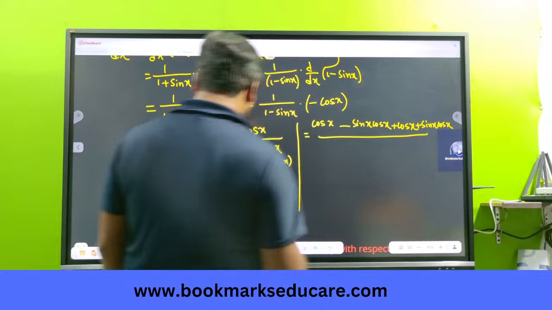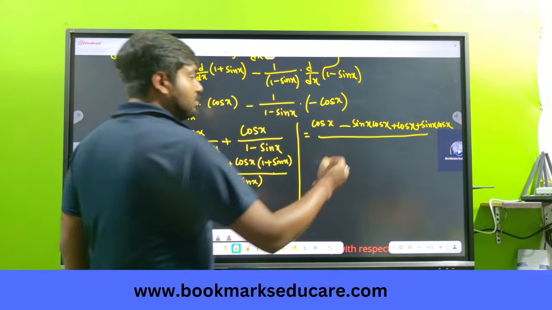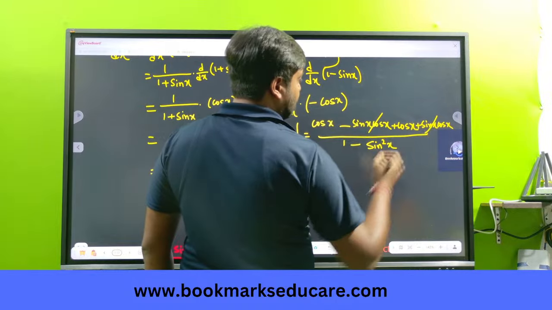The denominator will be (a plus b) into (a minus b), that is the formula of a square minus b square. So the denominator will be 1 minus sin square x.